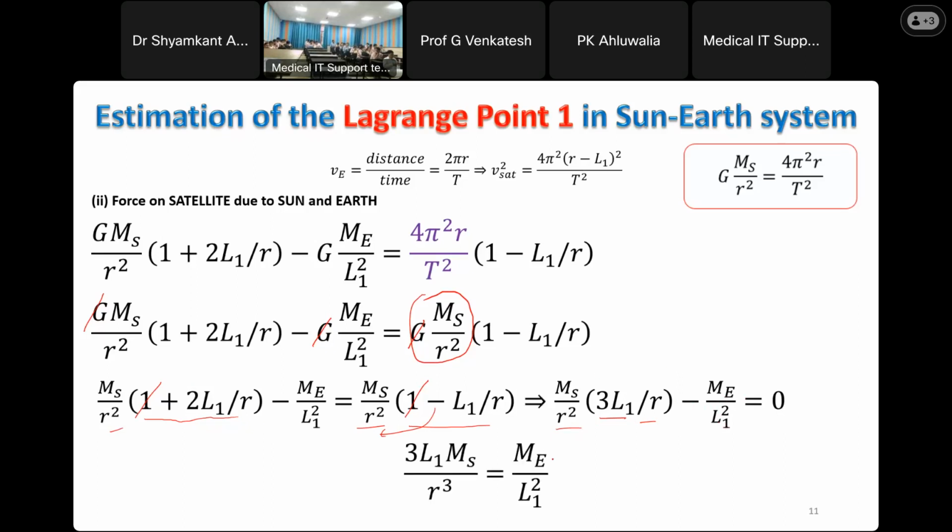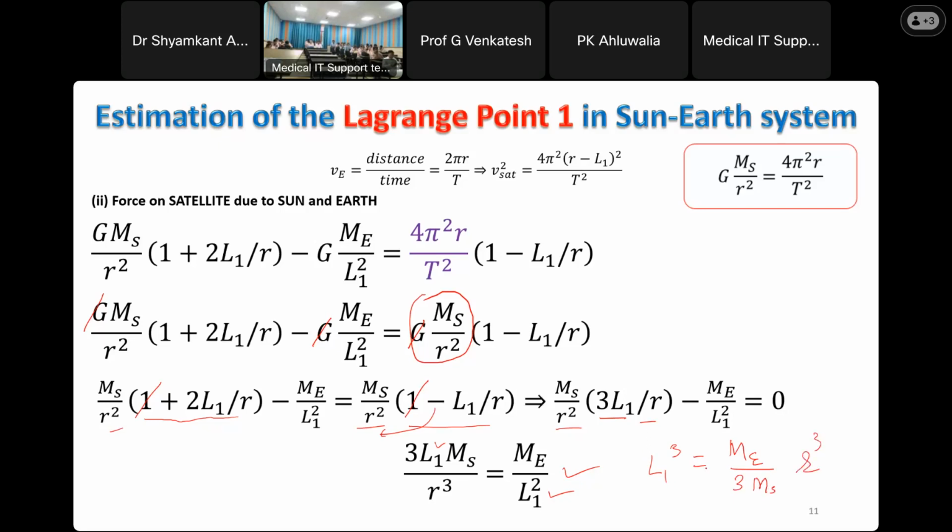So we can make a simple equation, and now our aim is to find L1 on the left hand side. So this L1 square into this L1, we are taking it on the left hand side. So L1 to the power 3 is equal to Me upon thrice Ms into r cube.